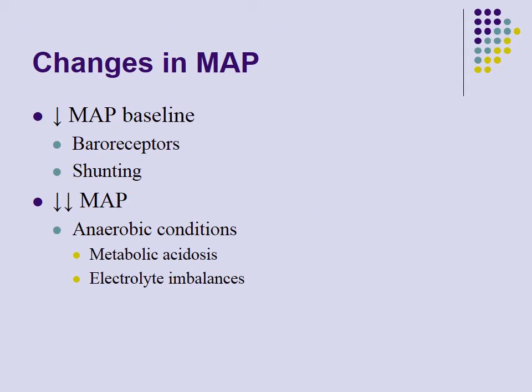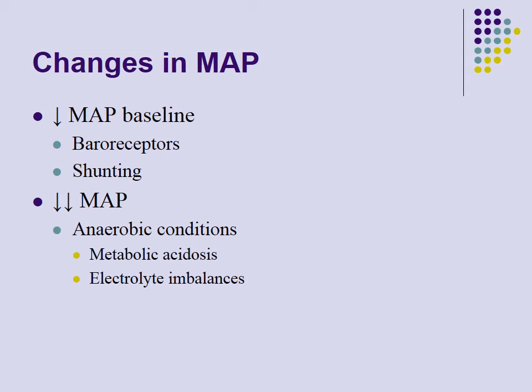So let's look at changes that can occur in our mean arterial pressure. And I'll say this again as we walk through the stages of shock, so there will be a repeat down the way on some factors. As our mean arterial pressure starts to drop, let's say that it goes down about 5 or 10 points.